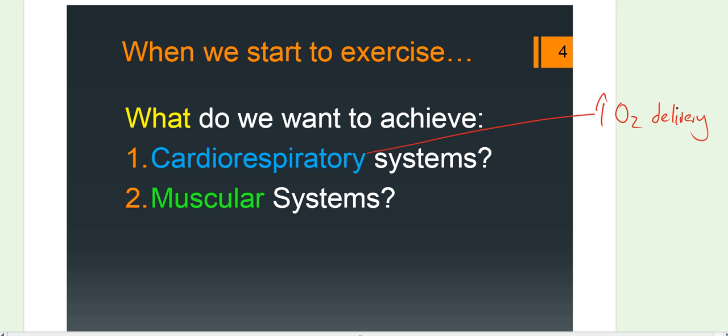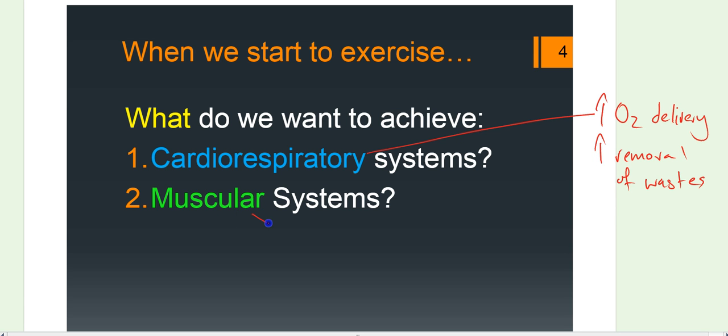If we can increase more oxygen being delivered to our working muscles, then we can work at a higher aerobic intensity because we can produce more aerobic energy. If we are producing more aerobic energy, more waste product is being built up. So we also want to increase removal of wastes.